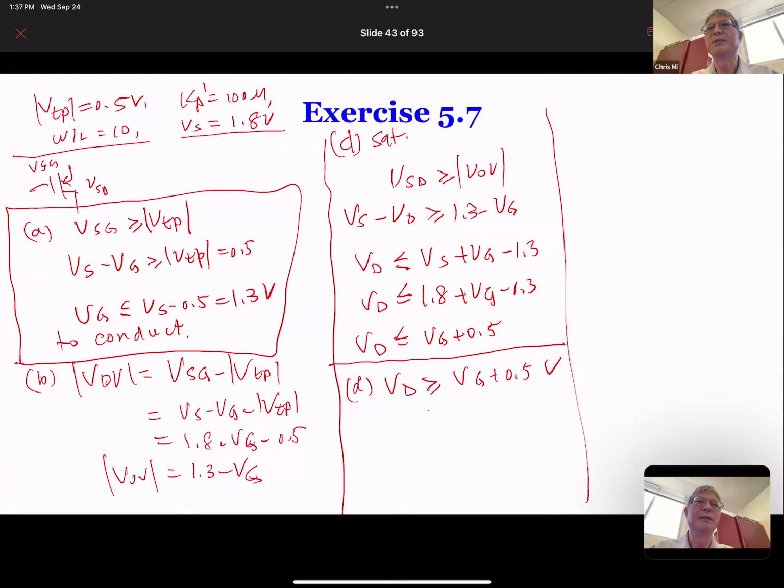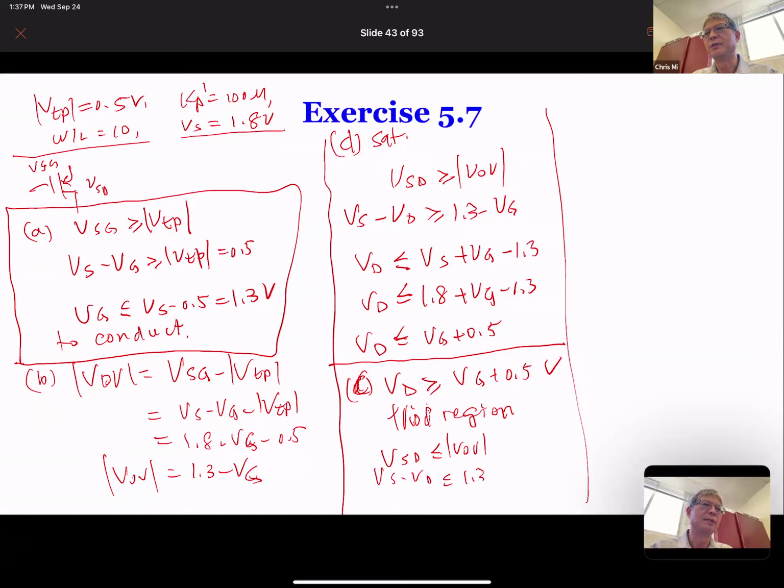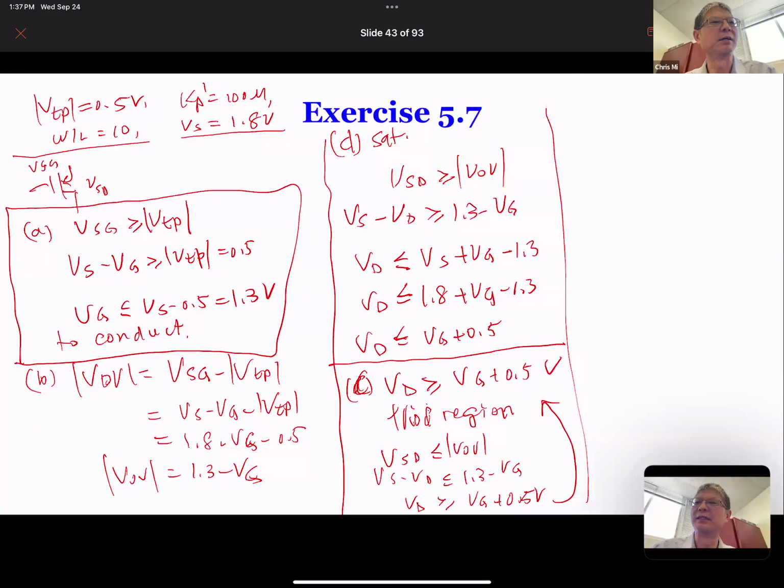And then this becomes C in the triode region. So in the triode region, VSD has to be less than or equal to VOV, which means you get Vs minus Vd less than 1.3 minus Vg. So from here, Vd has to be larger than or equal to Vg plus 0.5 volts, which is the same equation that we derived here. So just make this correction, that C and D I got flipped.